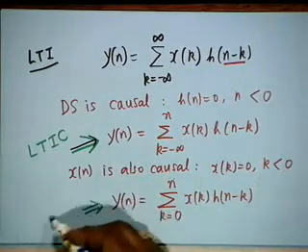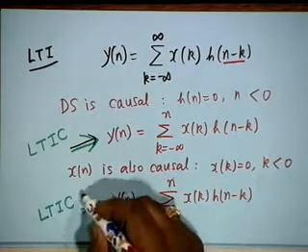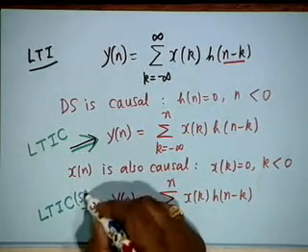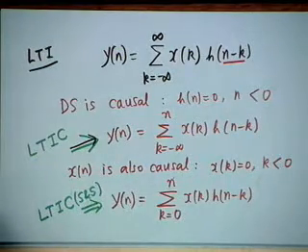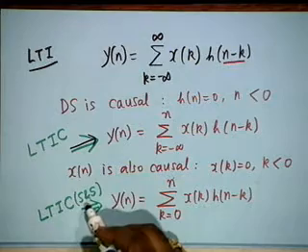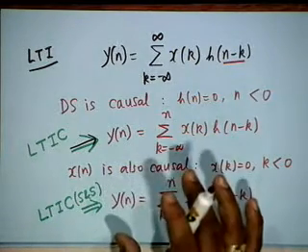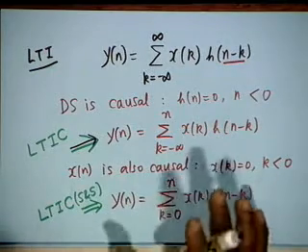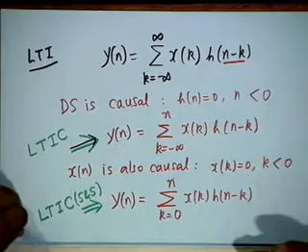This summation applies to linear, time invariant, causal system and signal. Given a situation, you must write the convolution summation correctly, otherwise you will get wrong results.